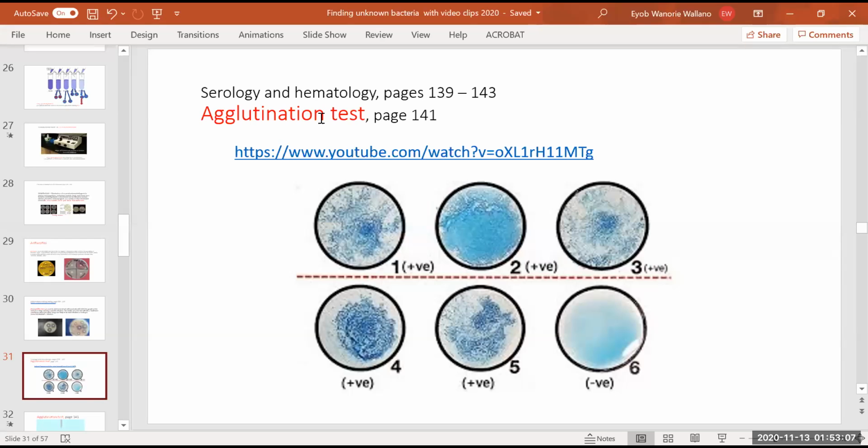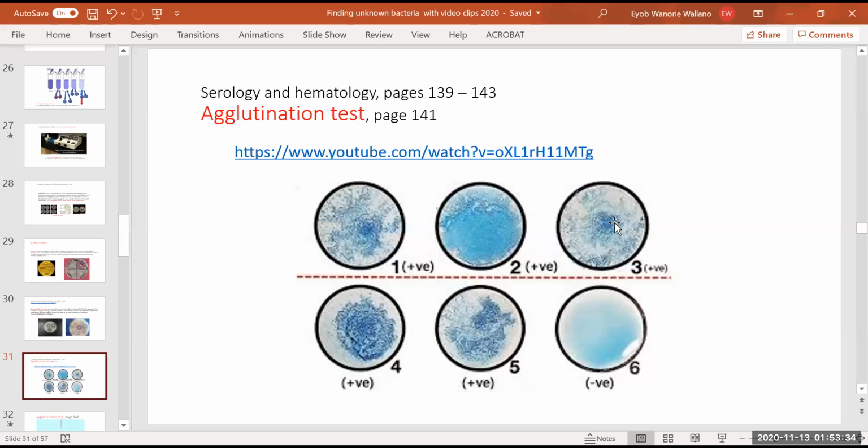That is the agglutination test. It makes agglutinant, we call it agglutinant. These are a bunch of bacteria joining together, making some kind of sediment, precipitate on the slide. And this one is negative. There is no agglutination. It is homogeneous. From the beginning up to the last, this liquid is homogeneous, equal.